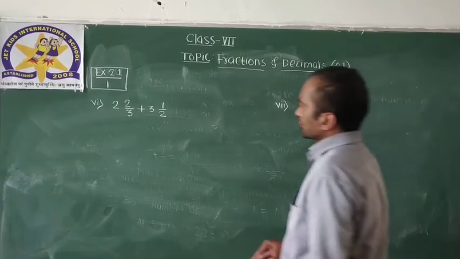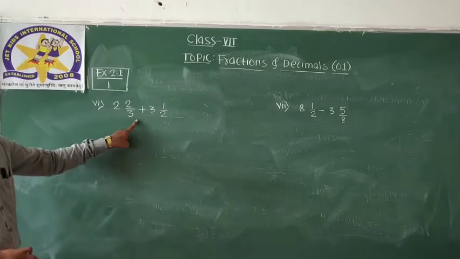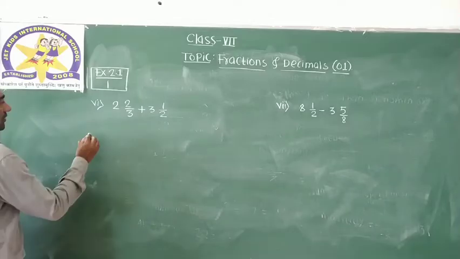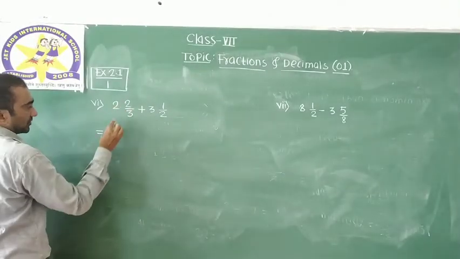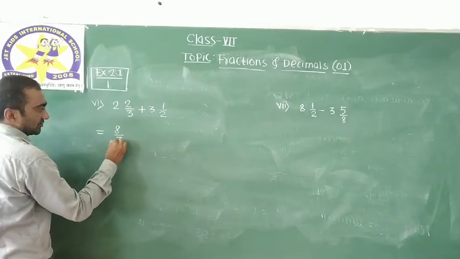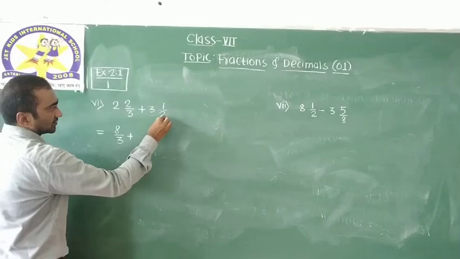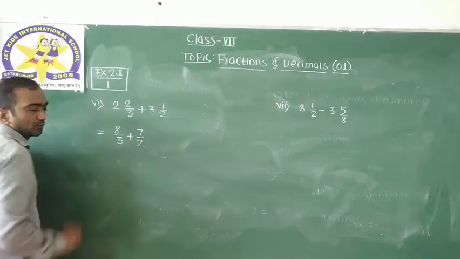Now students, question number 6. Question number 6 is 2 integer 2 by 3 plus 3 integer 1 by 2. Now 2 integer 2 by 3: 3 into 2, 6, 6 plus 2, 8 by 3 plus the second mixed fraction can be written as 2 into 3, 6, 6 plus 1, 7 divided by 2.